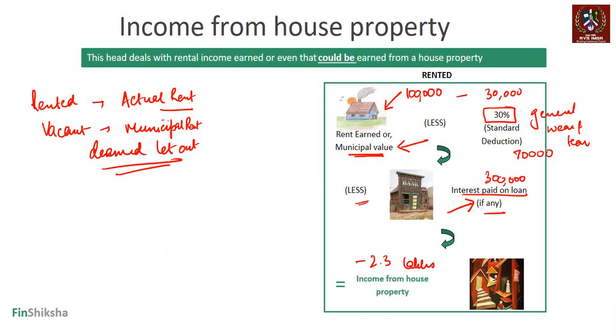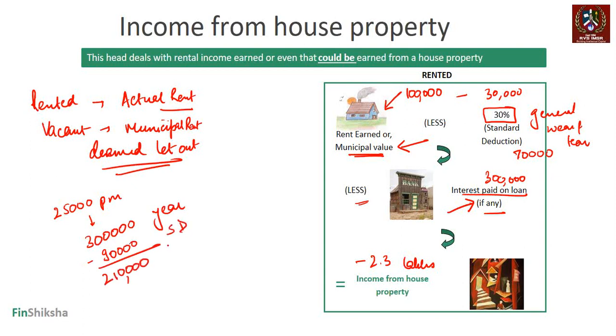And then whatever rental income is assumed on that, a 30% standard deduction is available. So you take the rent, whatever that rent is. Let's say a home has a rent of 25,000 per month, which will mean 3 lakhs per year. Out of this, you subtract 30% of this, that's going to be 90,000. So standard deduction of 90,000 is available. That's the standard deduction.